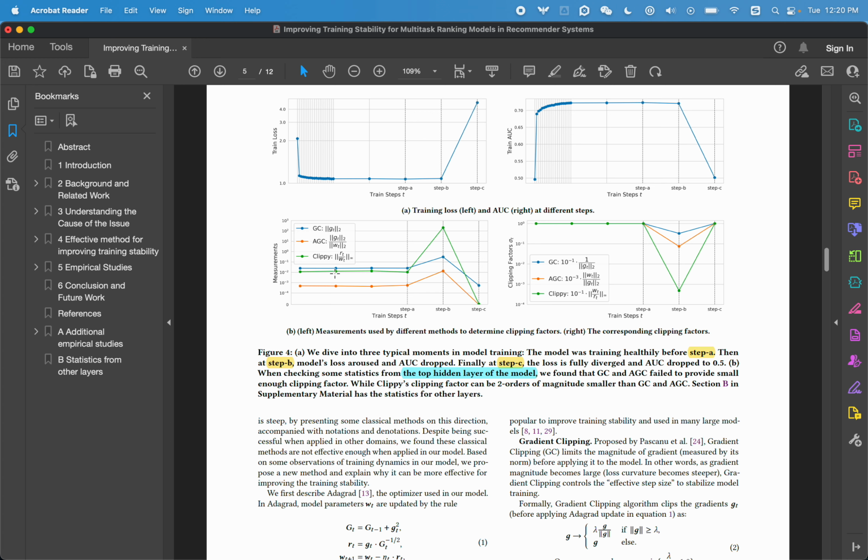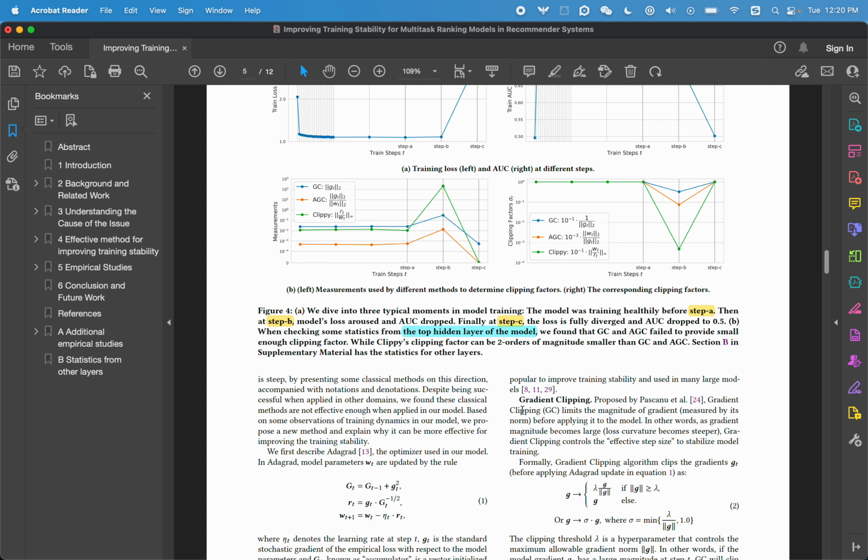It defines three terms, step A, step B, and step C: step A is before, step B is the divergence, and step C is after. It also looks at the top hidden layer of the model, which is closer to the objective.